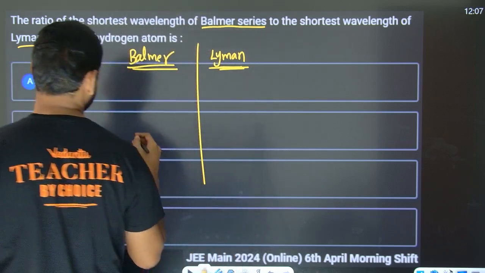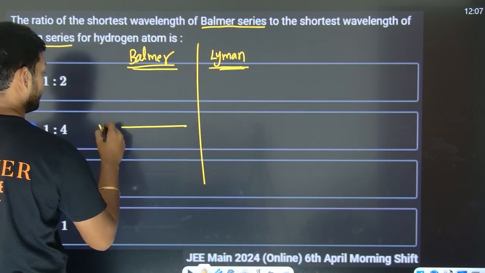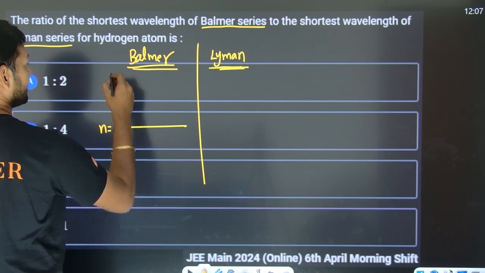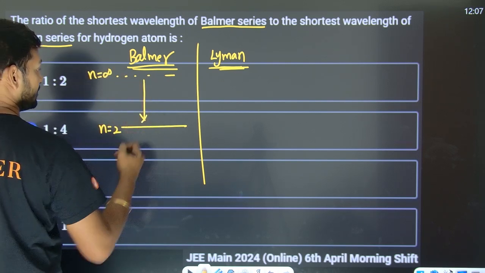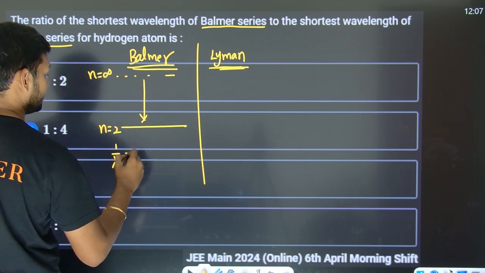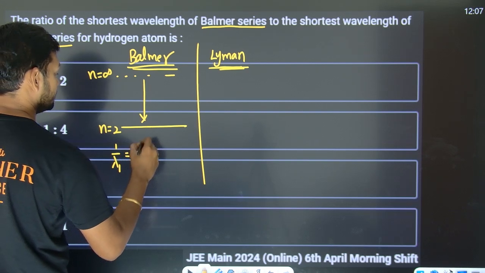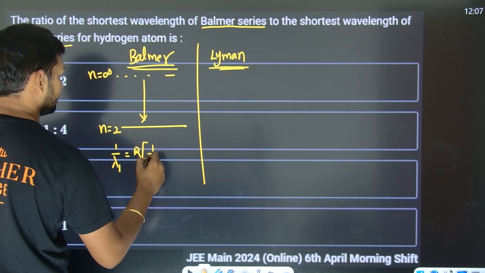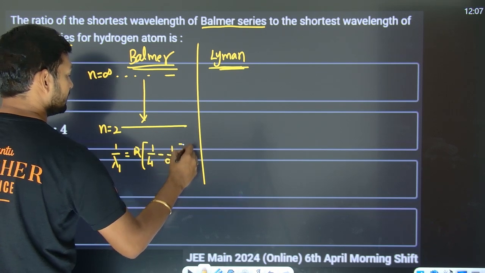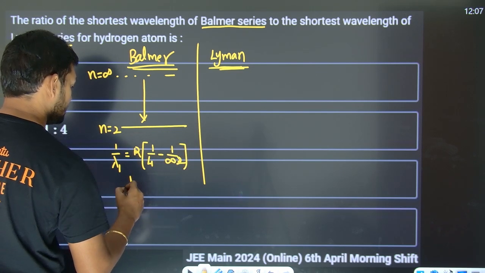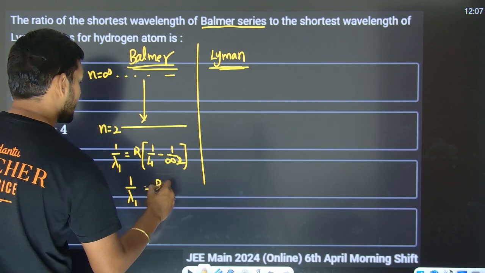So Balmer de-excitation should happen to n is equal to 2, from n is equal to infinity. So in this case 1 by lambda 1 will be R into 1 by 4 minus 1 by infinity square. So you are going to get 1 by lambda 1 as R by 4.